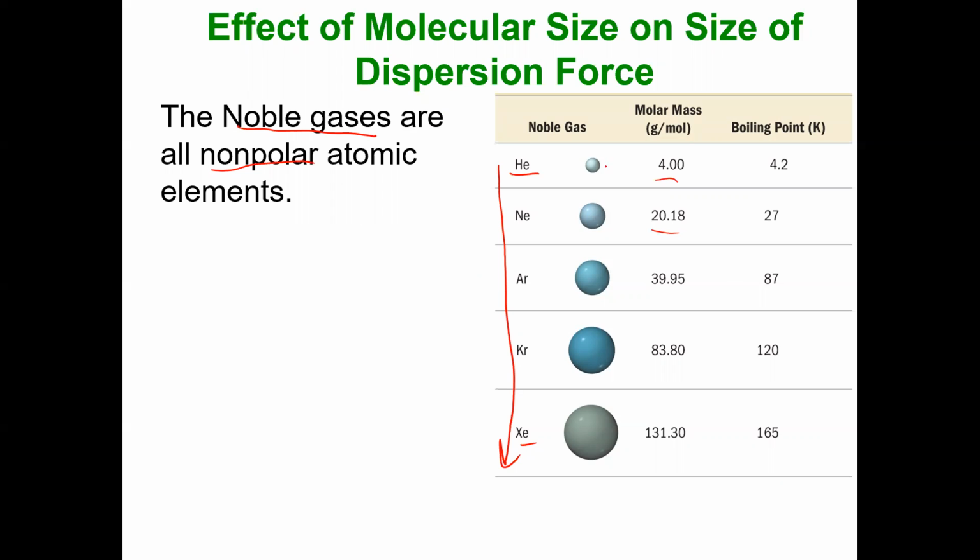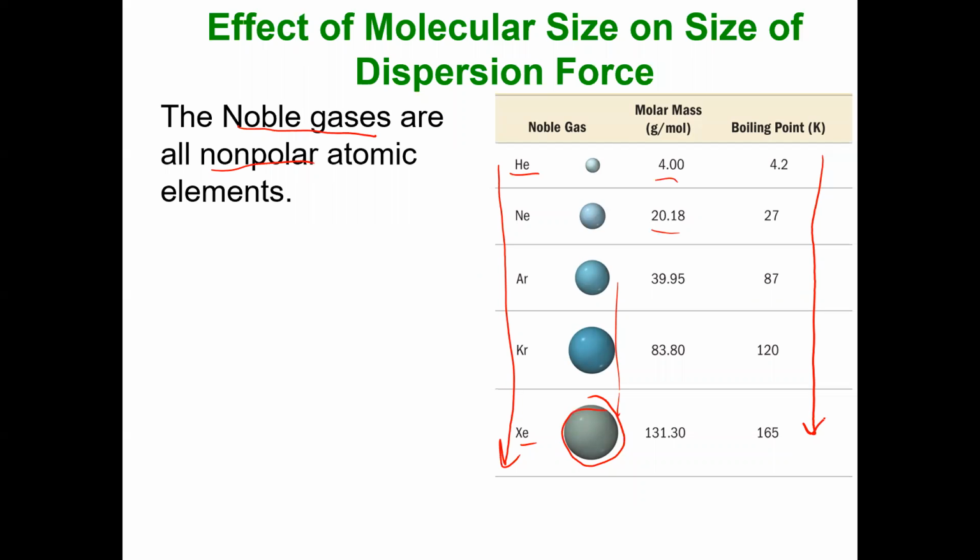As I pack on more electrons, the volume of the electron cloud gets bigger, which means the electrons are more easily polarizable. And because there are more electrons that can move around and polarize, there are more instantaneous dipoles and more induced dipoles on the neighbor. The result is that the boiling point increases.